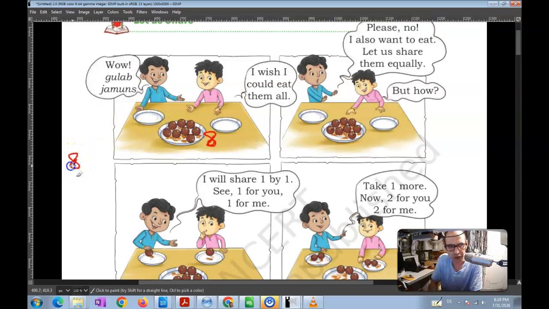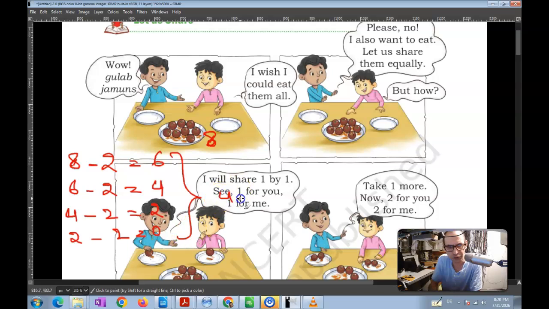So I started with the first round where I gave away 2 of them, so 8 minus 2 is equal to 6. And then in the second round again I took away 2 of them, so 6 minus 2 is equal to 4, and then 4 minus 2 is equal to 2, and then 2 minus 2 is equal to 0. So in 4 steps I got to 0, which means that the operation was completed in 4 steps.